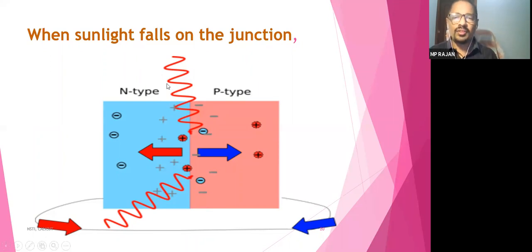Now, when the light is falling, photon is falling, it breaks the neutral atom. So the light energy is being utilized to break the atom. These are all neutral atoms, and electron hole pairs are formed.